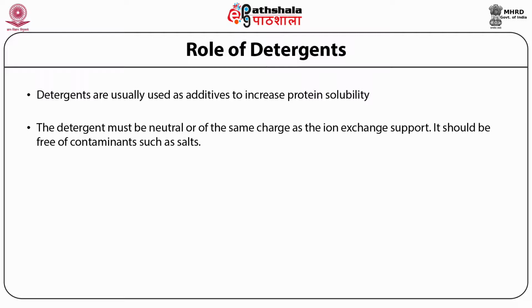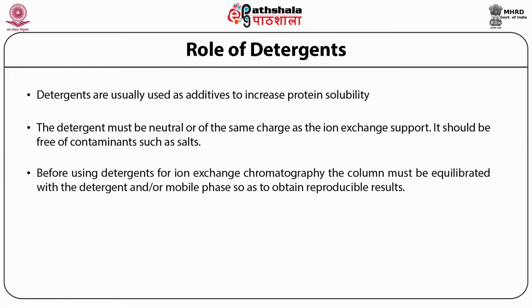It should be free of any contaminants such as salts. Before using detergents in ion exchange chromatography, it is necessary that the column be equilibrated with the detergent and/or mobile phase so as to obtain reproducible results.